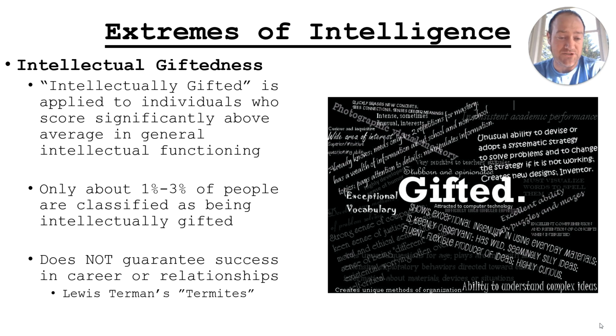And the reason is Lewis Terman, the same guy I talked about, who was kind of a jerk for his beliefs in things like eugenics. He did a study over time of people that he labeled as intellectually gifted, and he followed them throughout the years in a long-term case study, a longitudinal study. He found that these individuals who had been deemed intellectually gifted at a very young age didn't always grow into what you would expect.